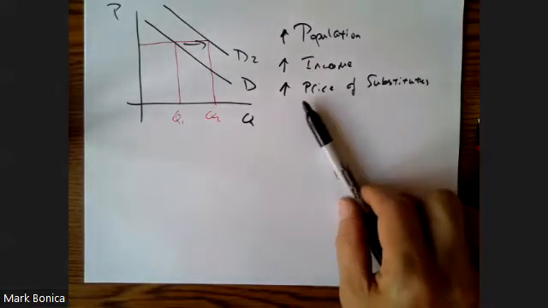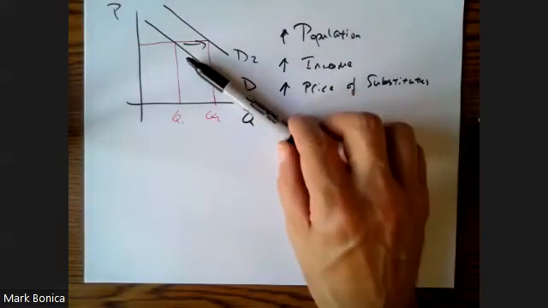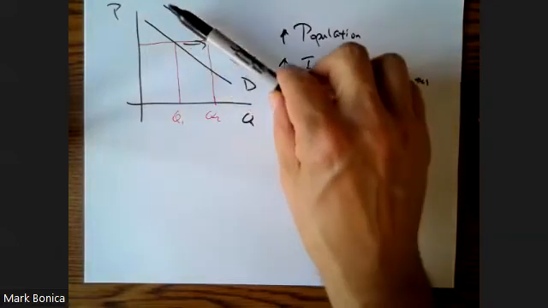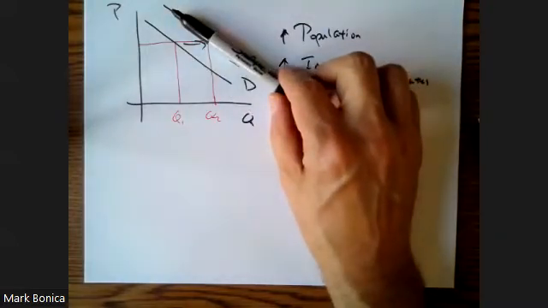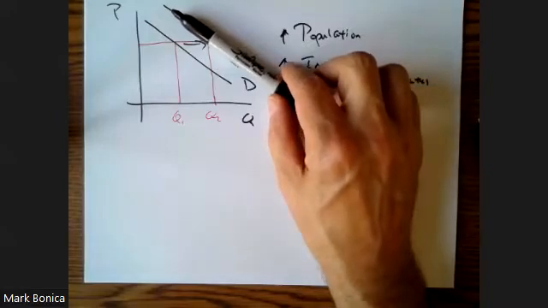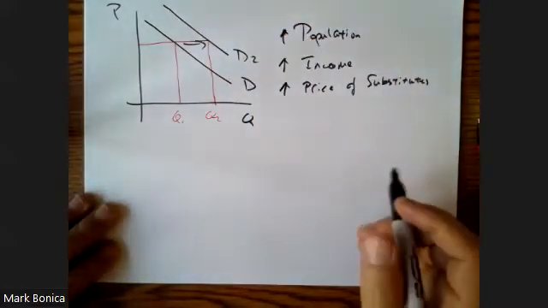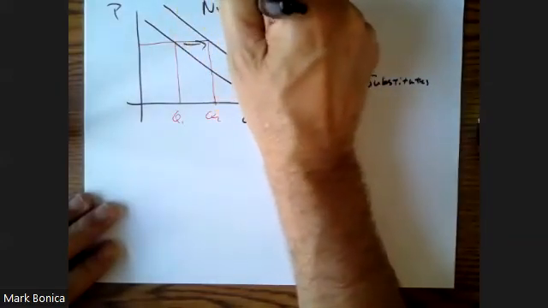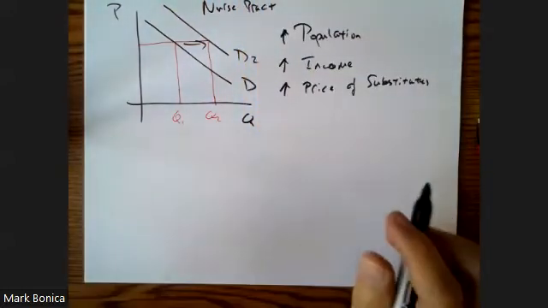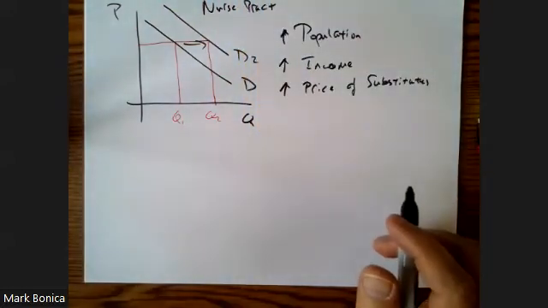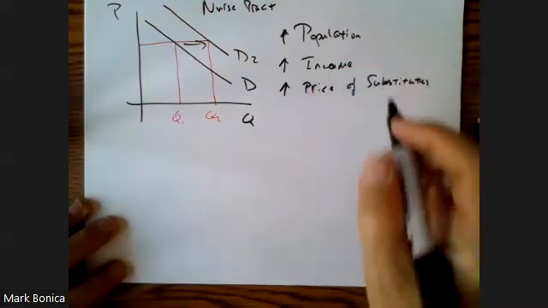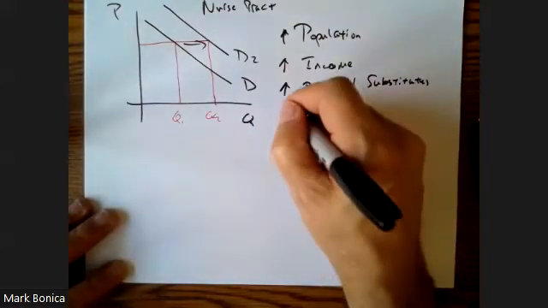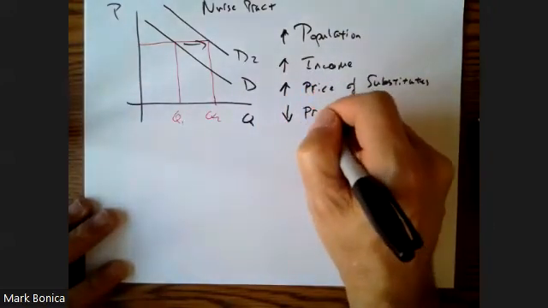So when the price of a substitute, for example physician services, increases, the demand for nurse practitioner visits shifts out and to the right. So let's call this nurse practitioner. So we stick with what we're talking about. Another way: what else would cause a right shift of the demand curve? Well, a decrease in the price of complements.